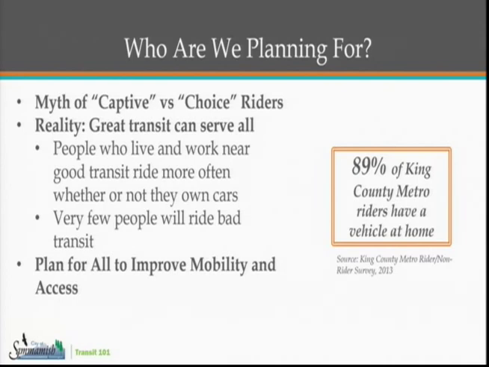They could technically be labeled choice riders, but the service throughout the region is good enough that they choose to ride transit for many of their trips. So when we think about who we are planning for, it's really about planning for all, not just those without a vehicle, to improve mobility and access throughout the region.